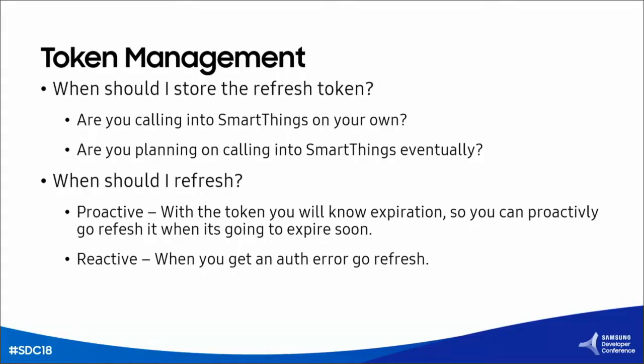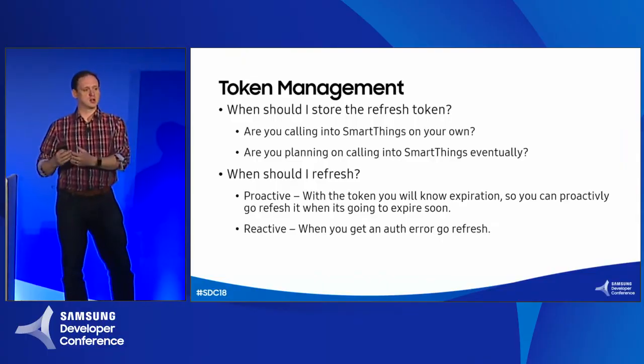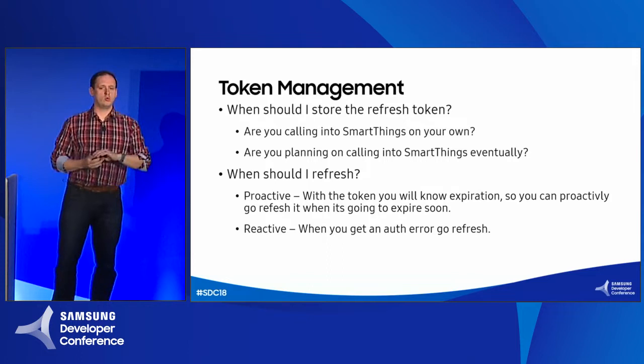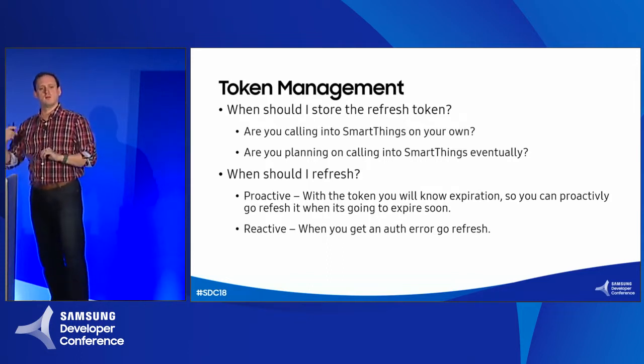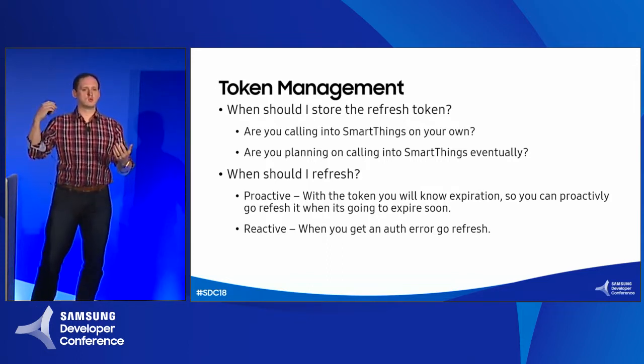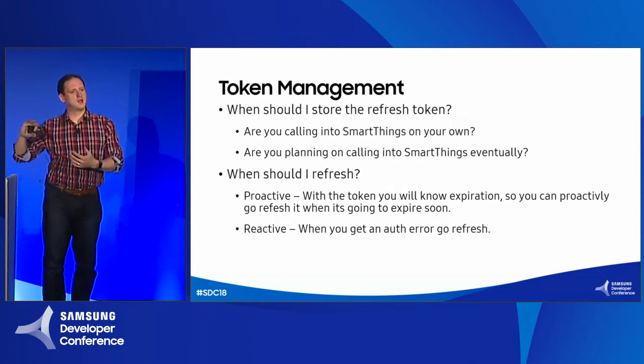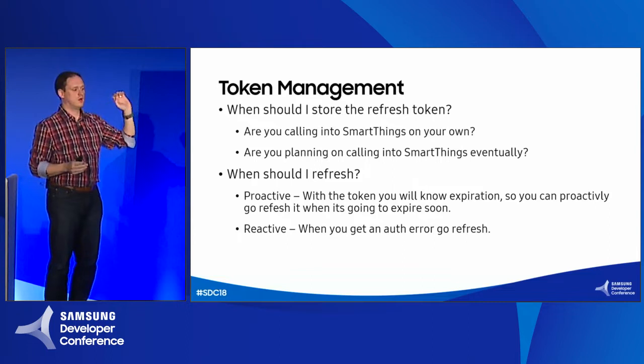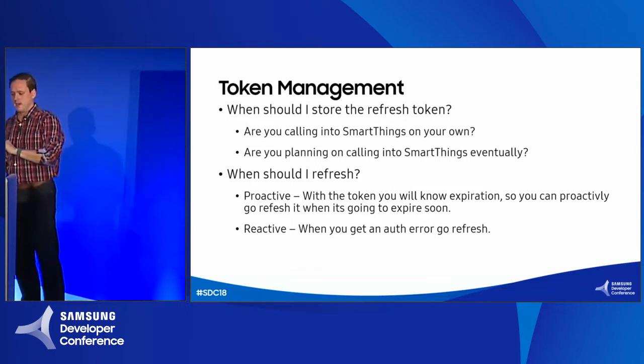So in general, when you're doing token management, when do you want to store the refresh token? Now, if you are building an integration that's going to call into SmartThings on your own, that's when you're going to want to do it. So anytime you're doing an integration where you have your own UI or something like that, a user touches something and you want to call into our APIs, you want to store the refresh token.